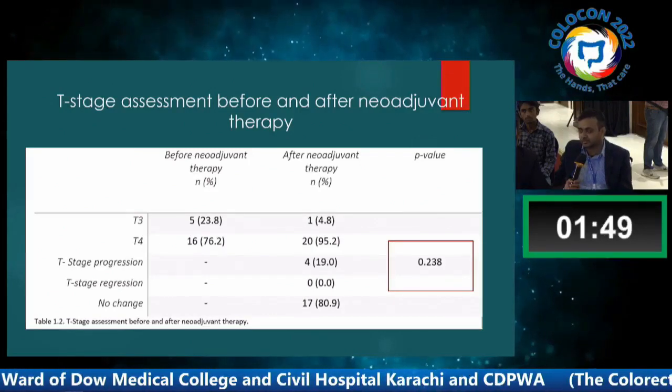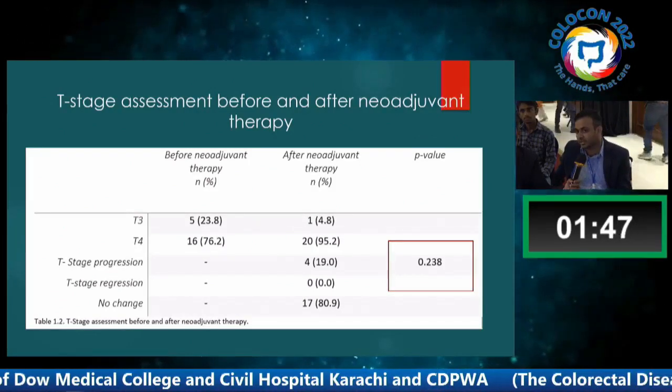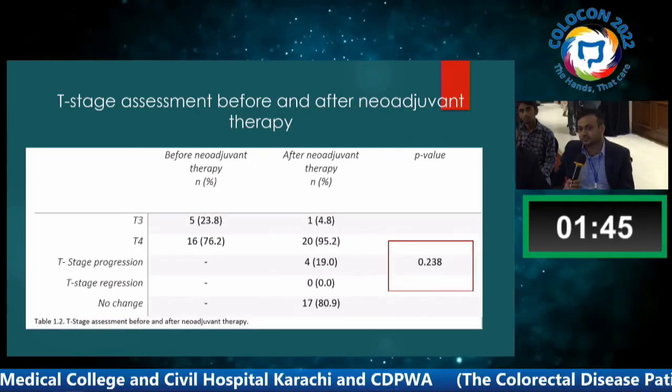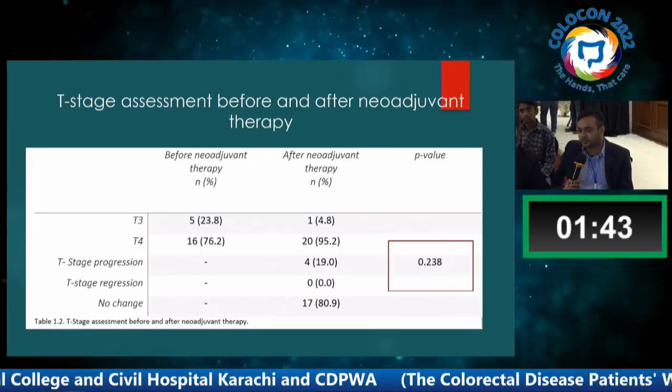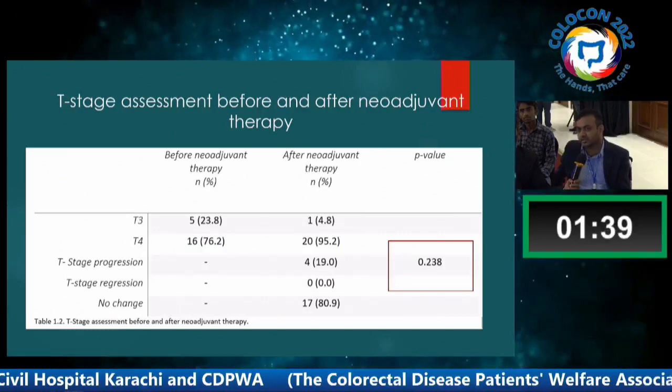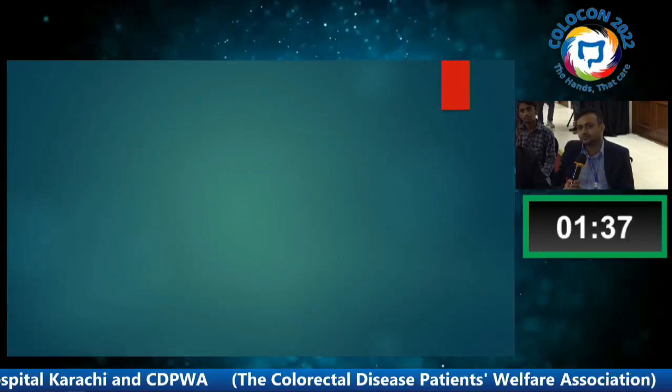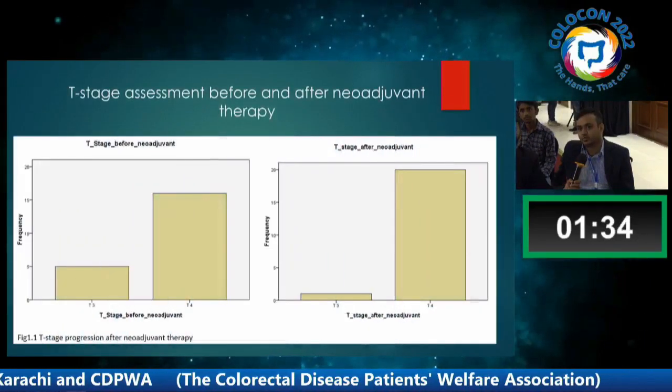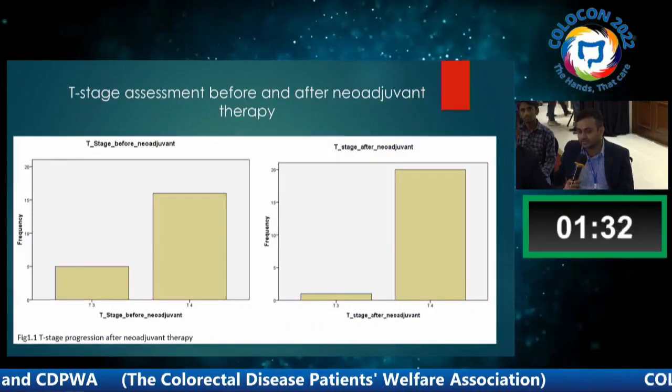None of the T4 patients regressed, and there was no change. The p-value is 0.238, which is quite high, and that shows there is no difference with the neoadjuvant chemotherapy. This is the graphical presentation.